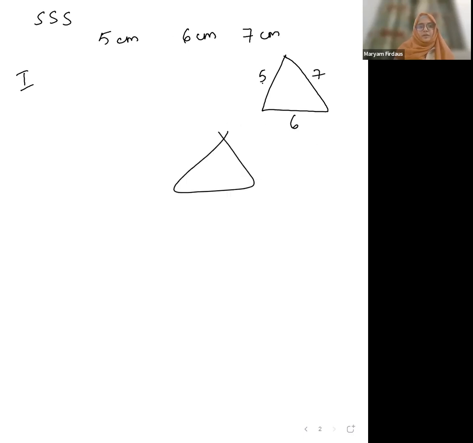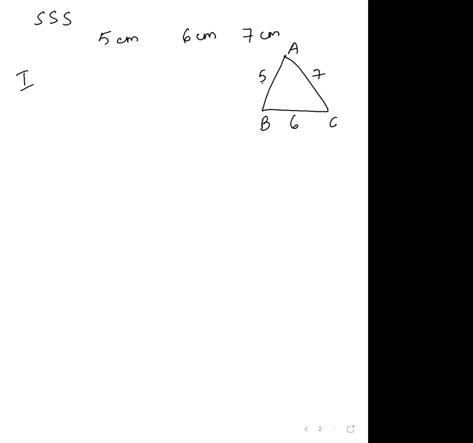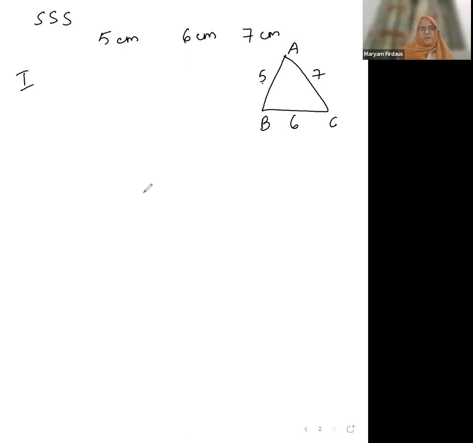Just randomly draw one in a corner of the sheet, and then name it A, B, C. Now the next thing we're going to do is take our scale and draw a line segment BC of 6 centimeters.